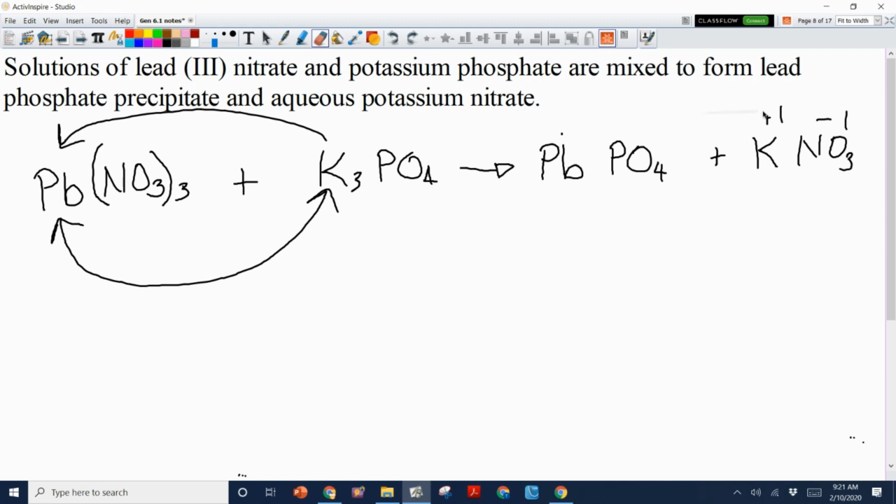So here's a good time to address another misconception. So misconception is because this nitrate has a 3 here, we needed 3 of these nitrates to go with this lead. A lot of students, when they get over here to this nitrate, assume that you have to put the same thing. They assume that because it's written like this on the left side, that you have to do it on the right side, just like this.